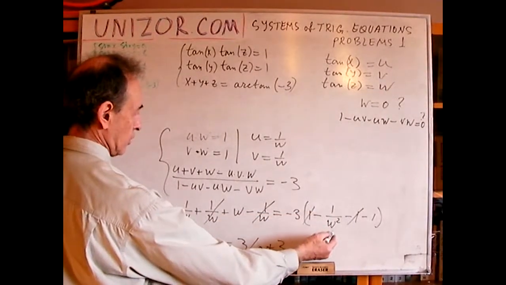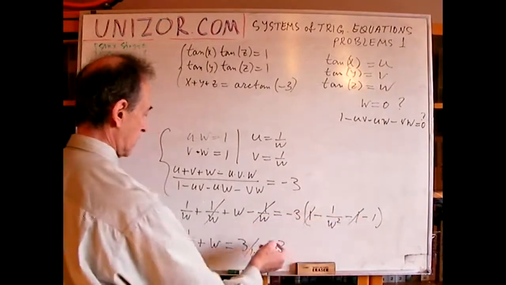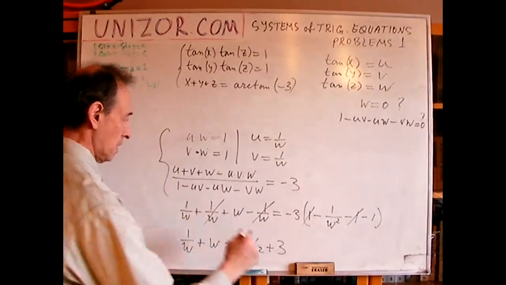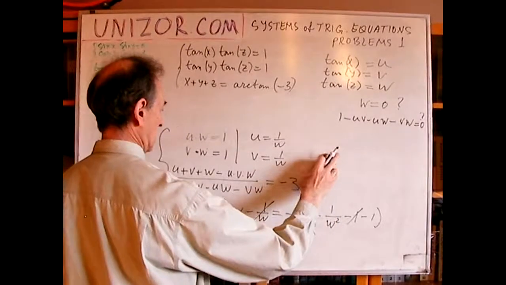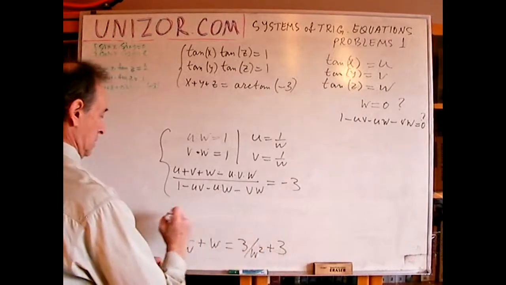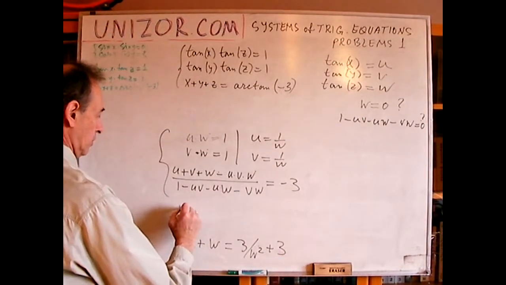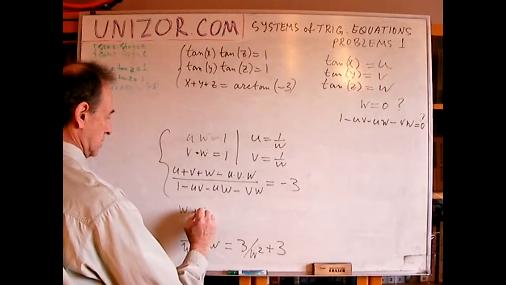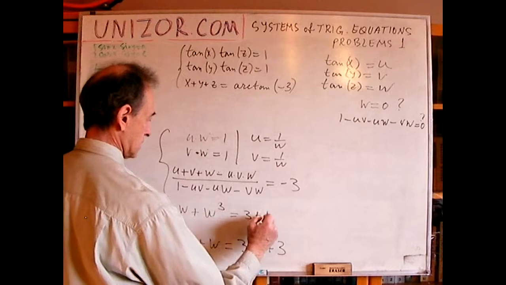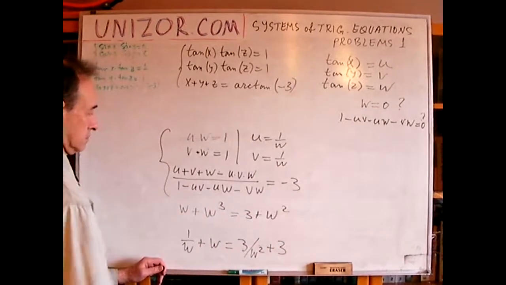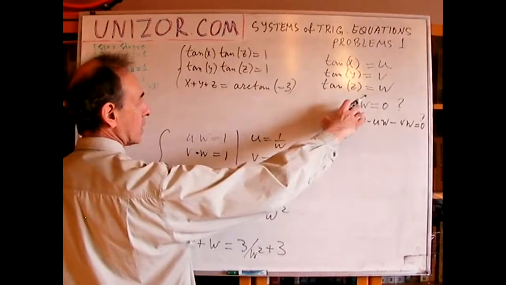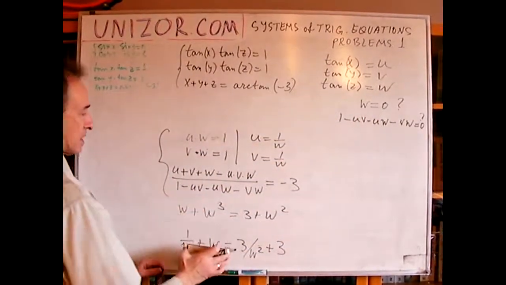Minus minus, so it's 3 over w squared, and minus minus plus 3. And now I will multiply it by w squared, and I will get w plus w cubed equals 3 plus w squared. I multiply everything by w. And I already consider that the case w equals 0 should be treated separately.